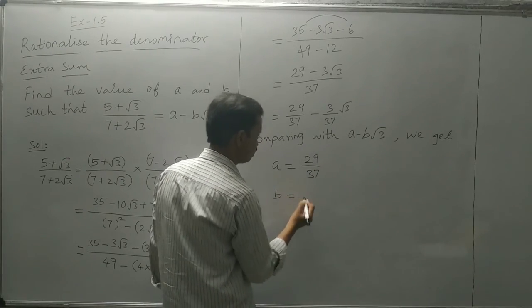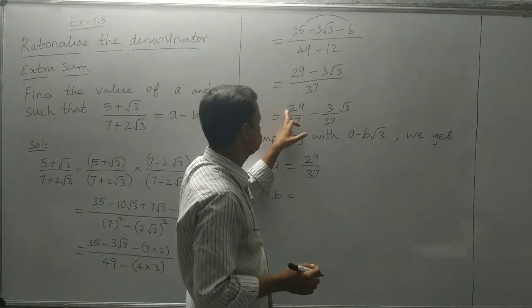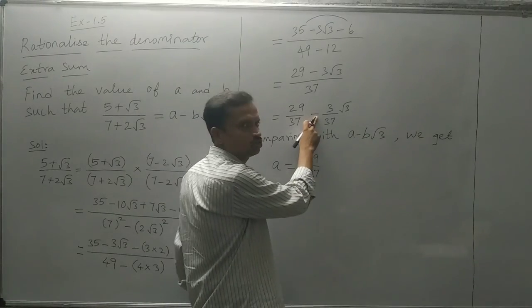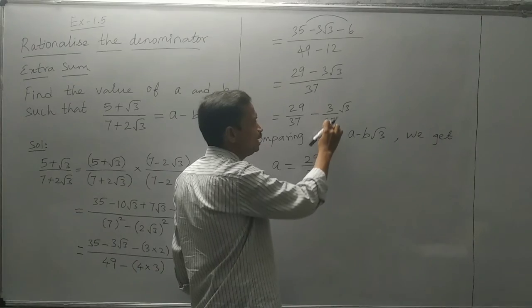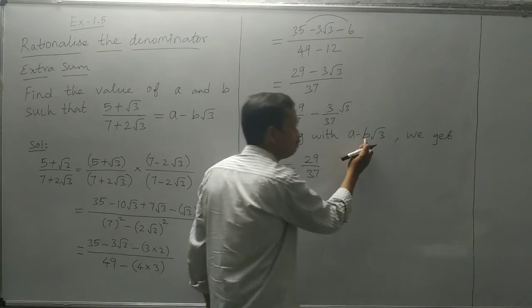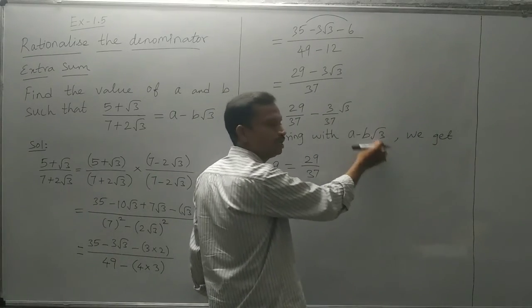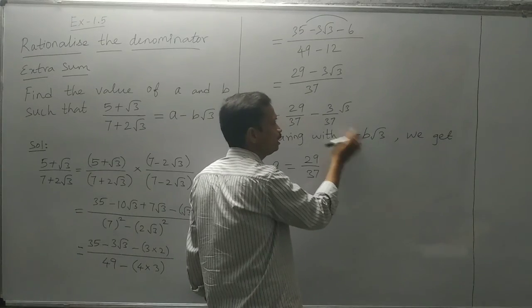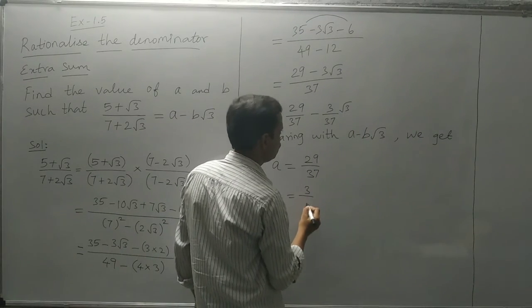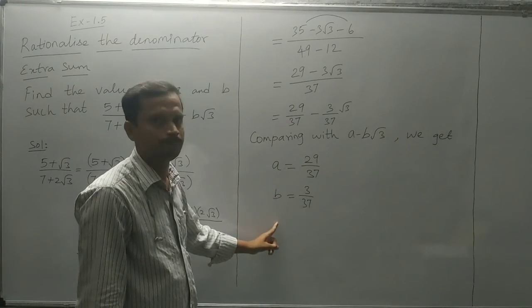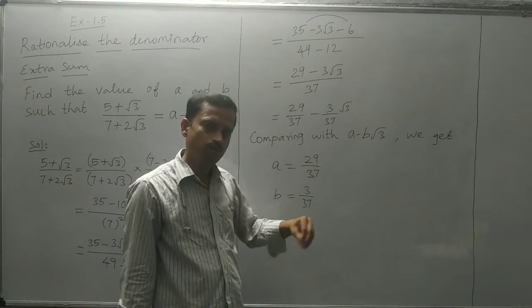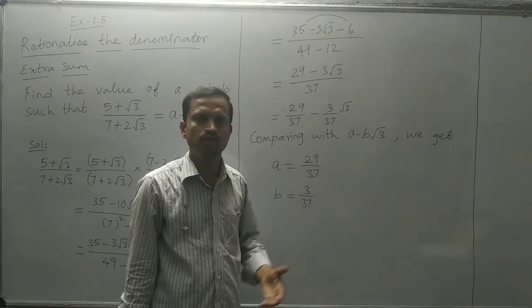And instead of b, what is that? So for a, it is 29 by 37. And then minus sign, here also minus sign. And here 3 by 37 into root 3 and here b root 3. So root 3 same. What about b? 3 by 37. So this is the answer of a and b. Is it clear? So like that, many more problems I will give on the worksheet. So we finish it.